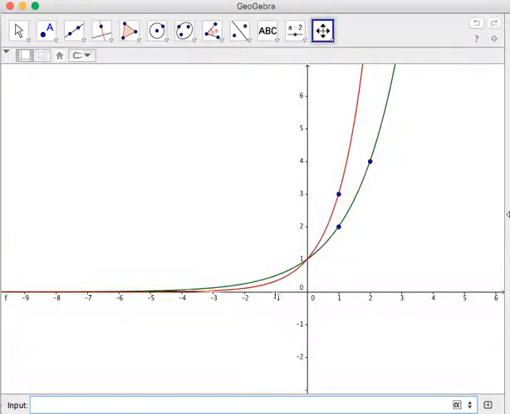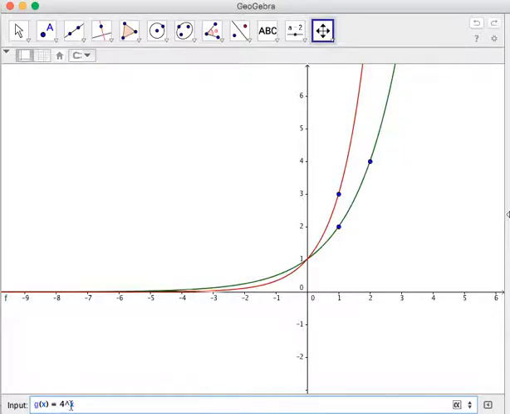So, ibig sabihin, yung graph ng 4 to the x, mas mababa siya dito sa dalawang to pagdating sa left ng y-axis, meaning to the negative values of x, and mas mataas siya sa dalawa pagdating sa positive values of x.